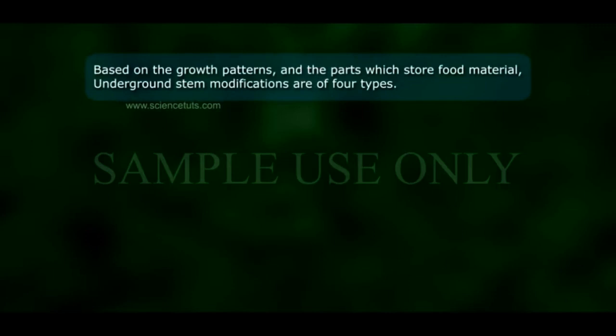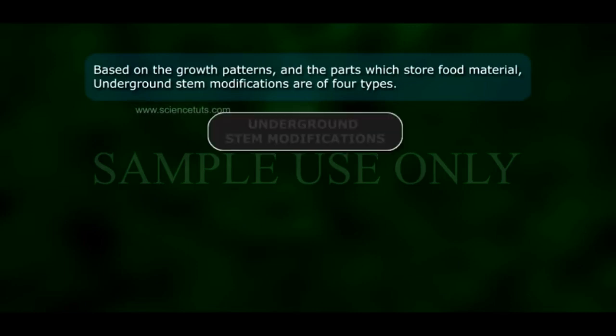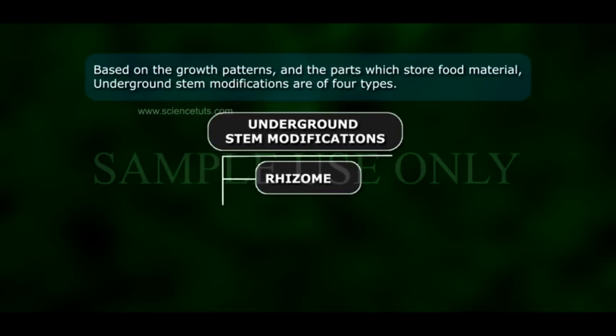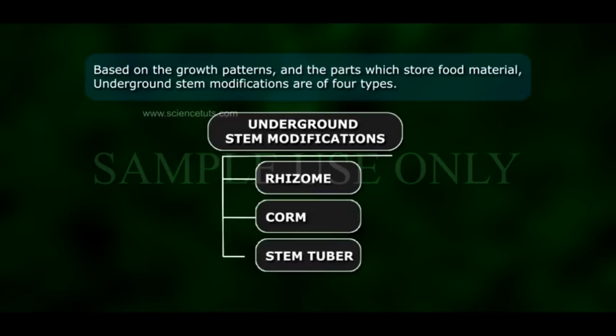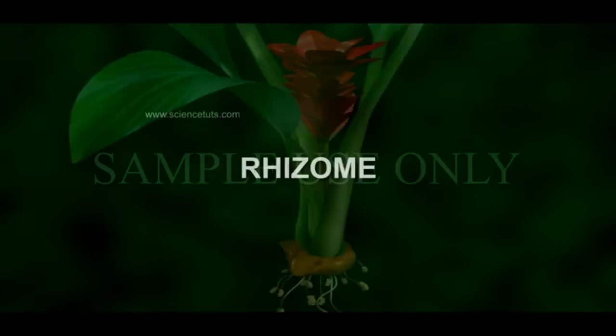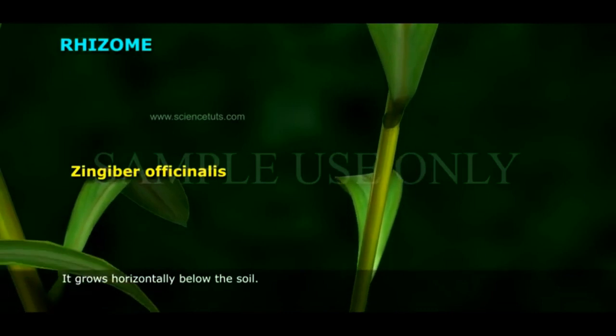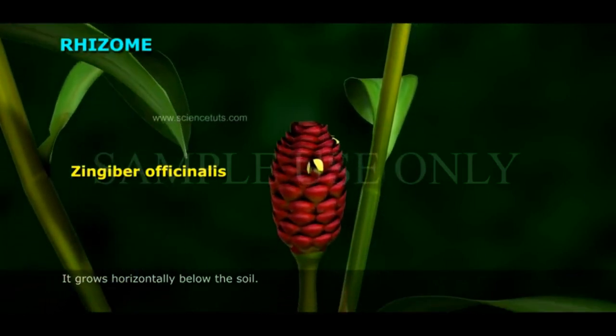Based on the growth patterns and the parts which store food material, underground stem modifications are of 4 types. 1. Rhizome. 2. Corm. 3. Stem tuber. Rhizome. It grows horizontally below the soil.